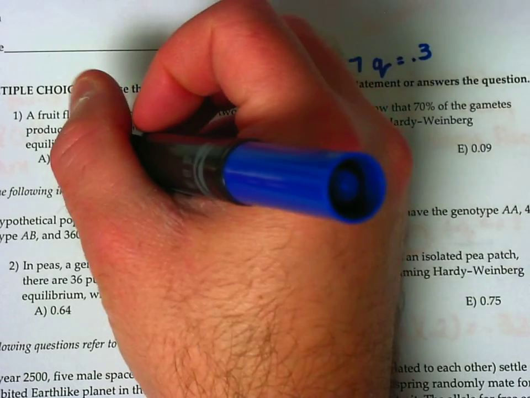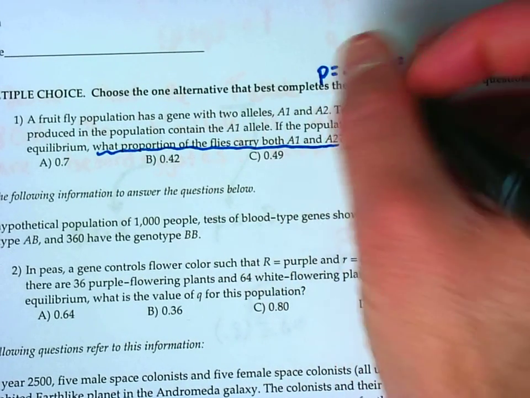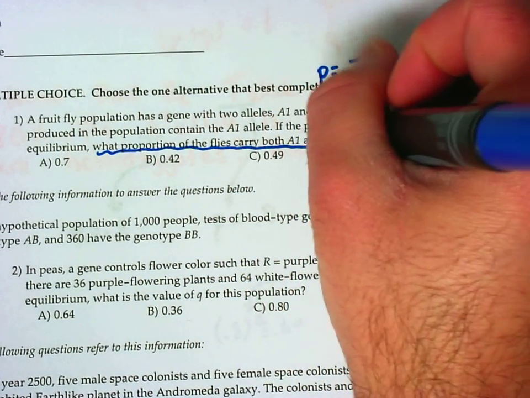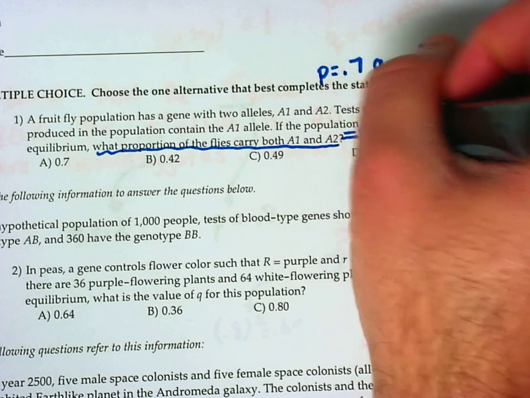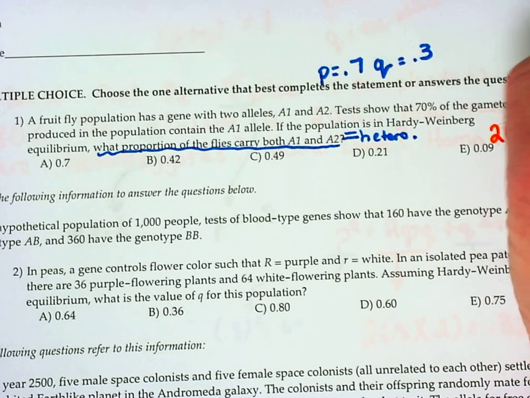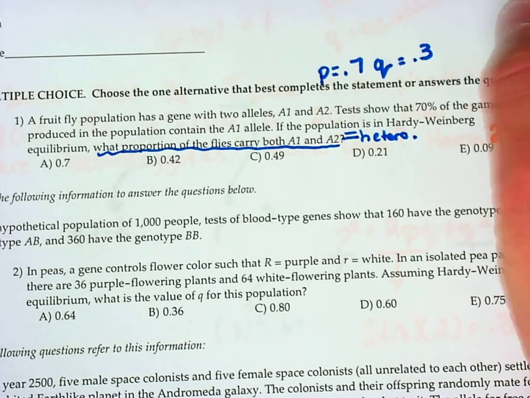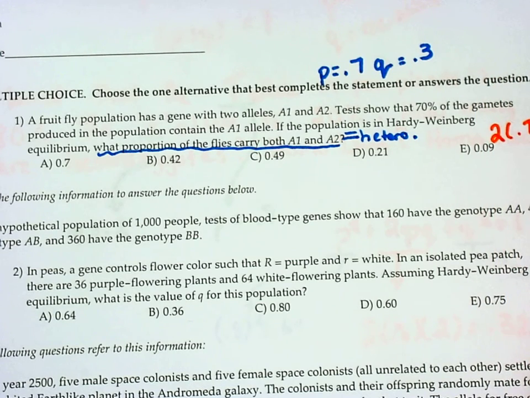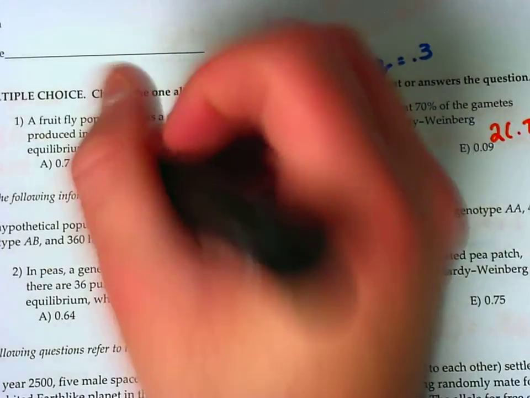Okay, so it says, what proportion carry both alleles, which is a fancy way of saying which proportion is heterozygotes. Well, to find that out, the heterozygous part of p squared, 2pq, q squared is 2pq. So that's going to be 2 times p, which is 0.7, times 0.3. 0.21 times 2 is going to be 0.42. So B would have to be the right answer. Cool?